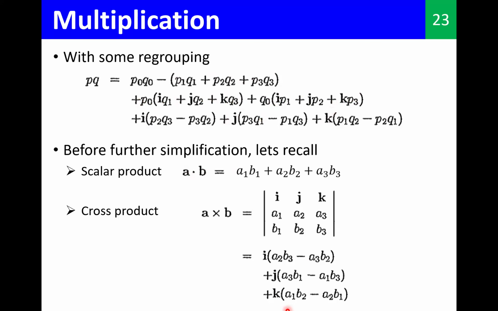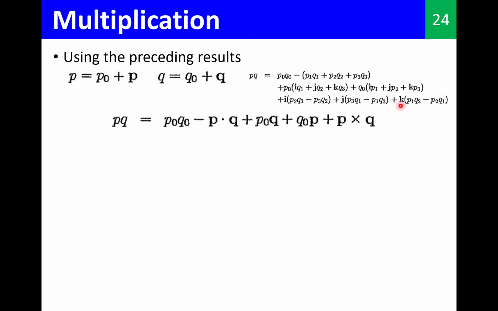And this one is actually like this, basically the cross product between the quaternions P and Q. When I applied all these, I can further simplify the multiplication of two quaternions into this one.